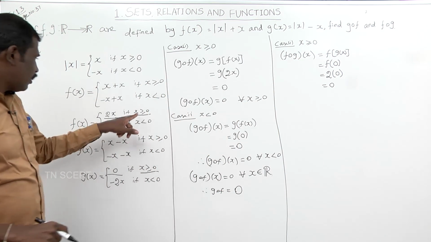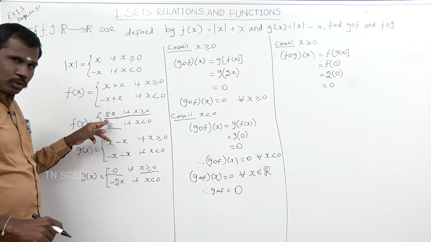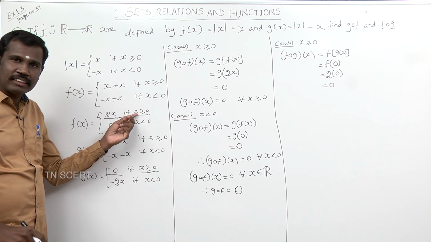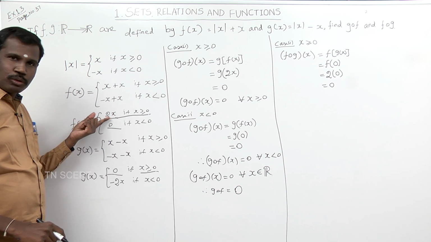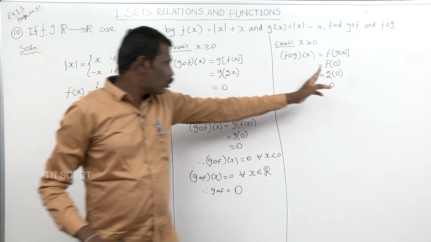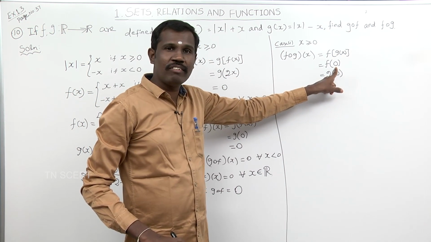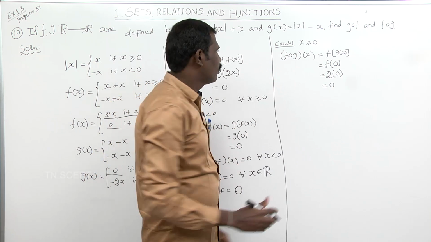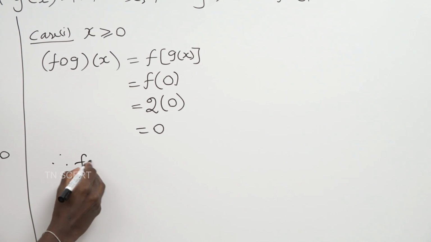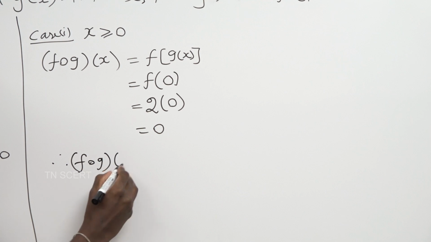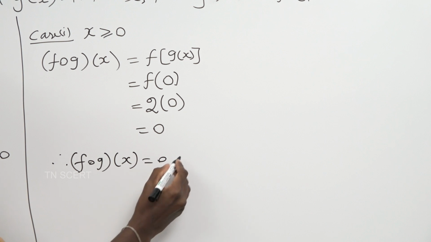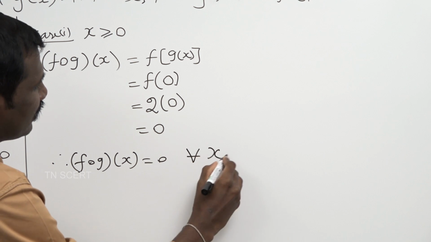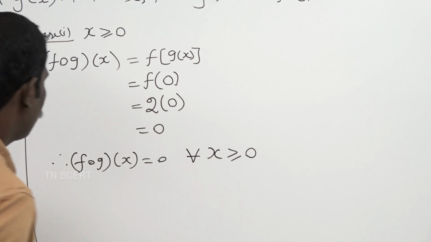Whenever x is non-negative, f of x is 2x. So, 2 into 0 is nothing but 0. Therefore, f composite g of x equal to 0. This is true for all x greater than or equal to 0.